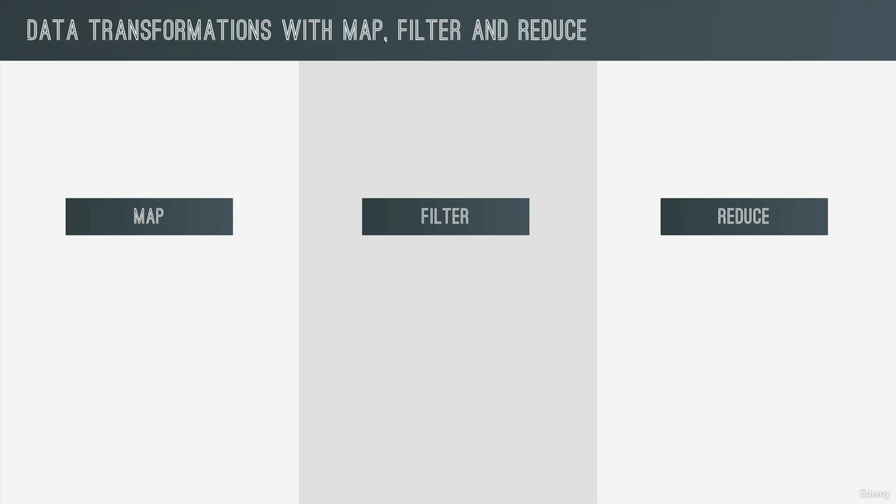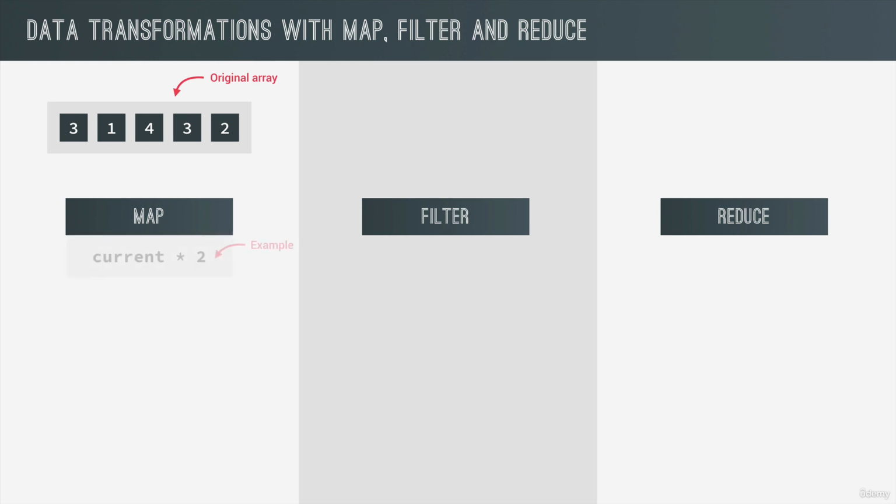First, the map method is yet another method that we can use to loop over arrays. So map is actually similar to the forEach method that we studied before, but with the difference that map creates a brand new array based on the original array. So essentially, the map method takes an array, loops over that array, and in each iteration, it applies a callback function that we specify in our code to the current array element.